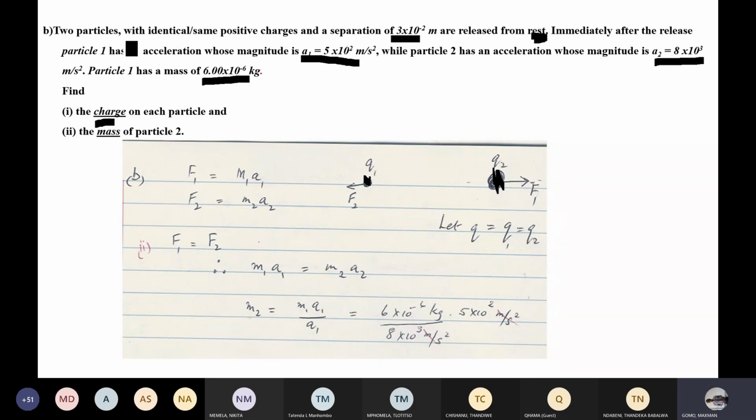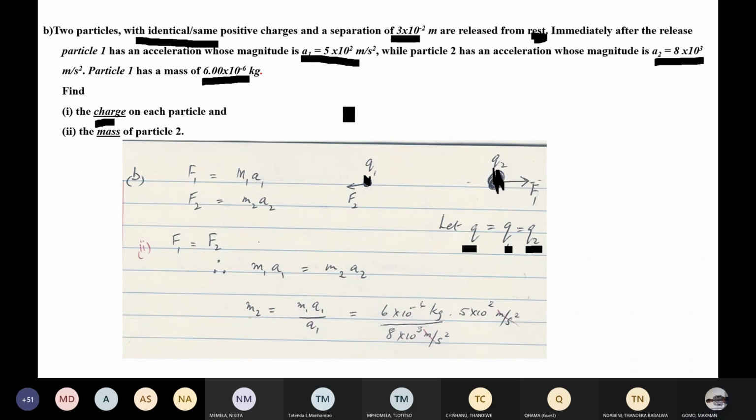So since you are told that these two things are identical or the same, you can see the writer came here and said, let Q be equal to Q1, which is equal to Q2. Since they are all the same, you can just use Q to represent both of them. Now, we know for a fact that Coulomb's law, which says F is equal to kQ1Q2 over R squared, is used to calculate the electric force between the two particles.